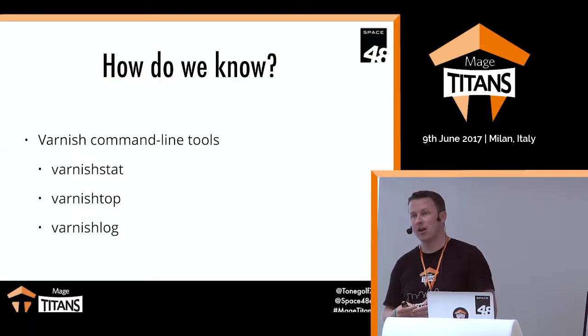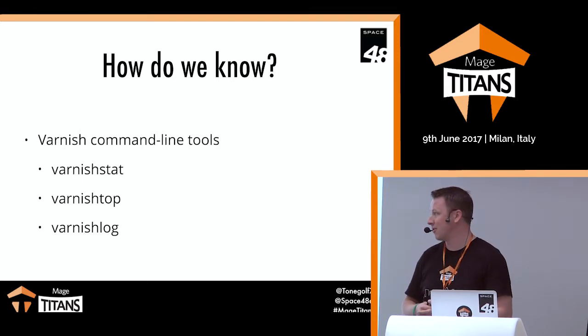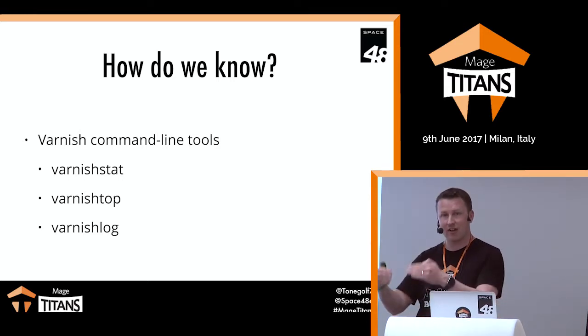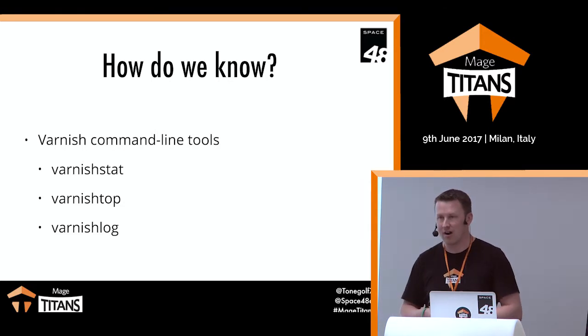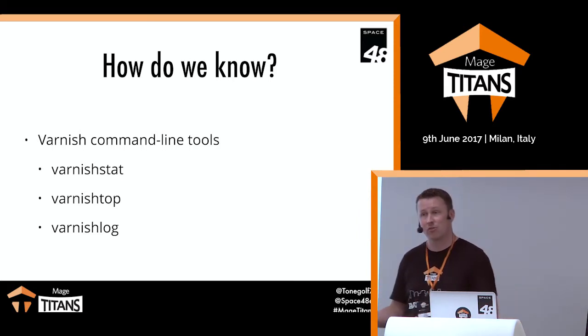Varnish Top will give, if you pass in certain querying parameters, data on the most recurring events, so you can start to understand perhaps popular URLs or things that aren't being cached. Varnish Log, if somebody walks past your machine while you're looking at Varnish Log, they probably think you're Neo programming the Matrix because it's a stream of information. You have to have strong grep game to work with Varnish Log. But these can give you the information, it's just hard work, and you have to log into a server to see it.